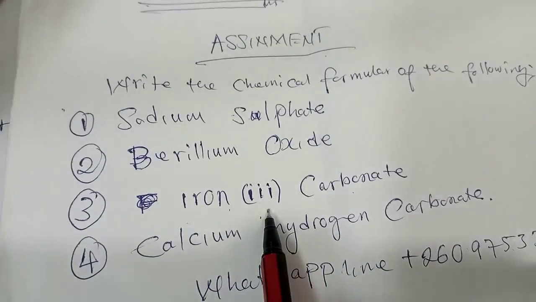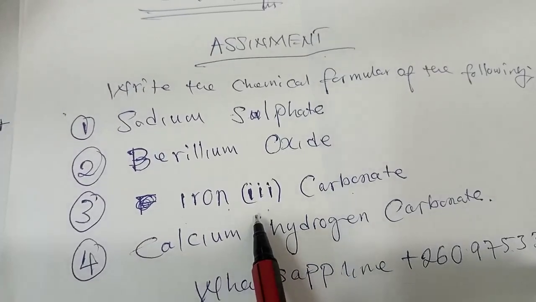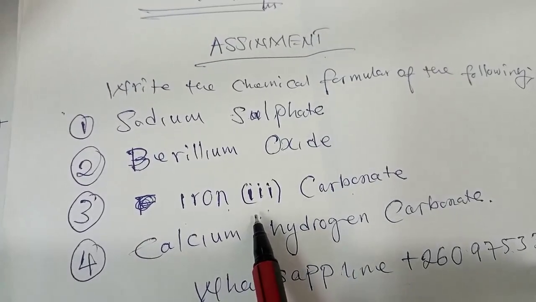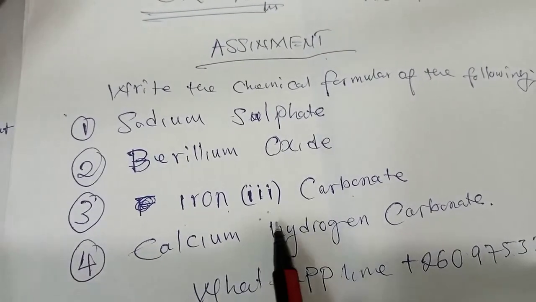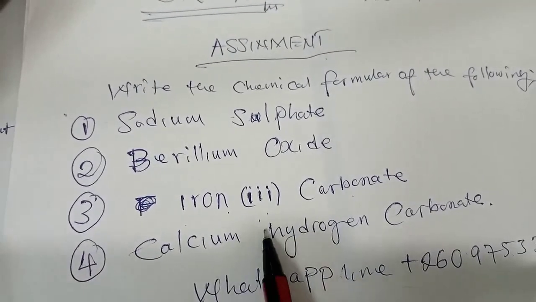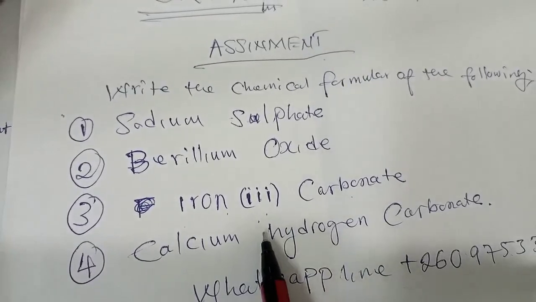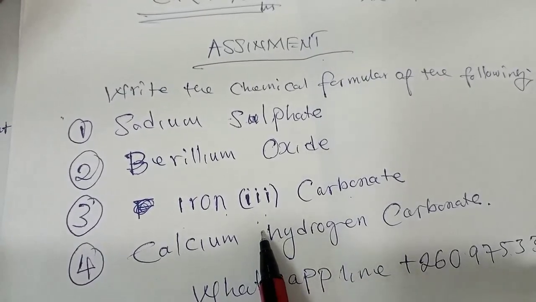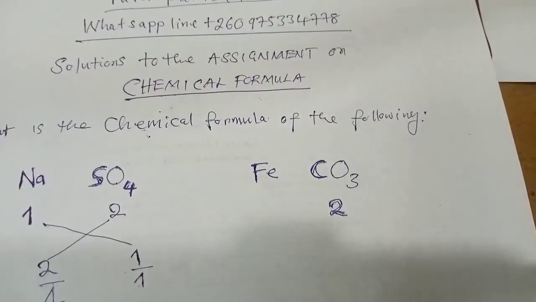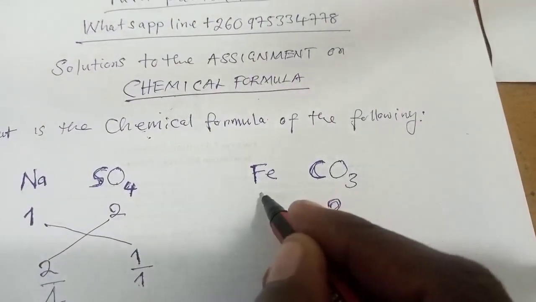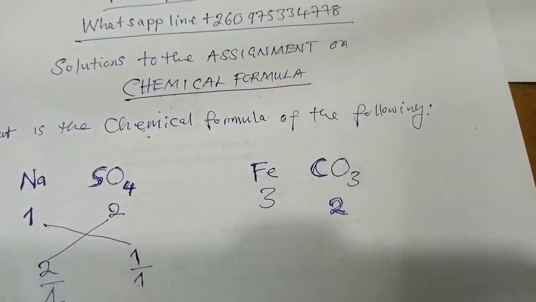You need to be careful on this one. These are transition metals and they are given specific valences, so they will specify iron 3, iron 4, iron 6, iron 2, like that. Here they said iron 3, so it has a valence of 3. As simple as that.